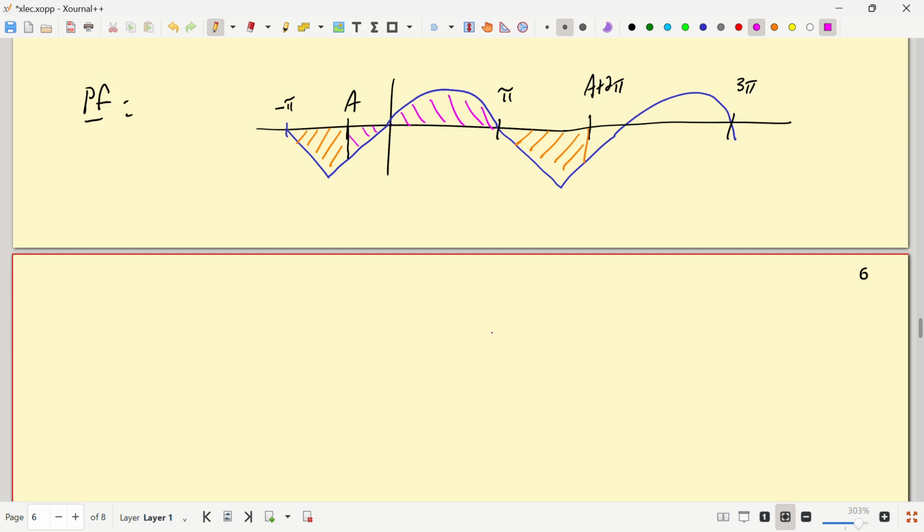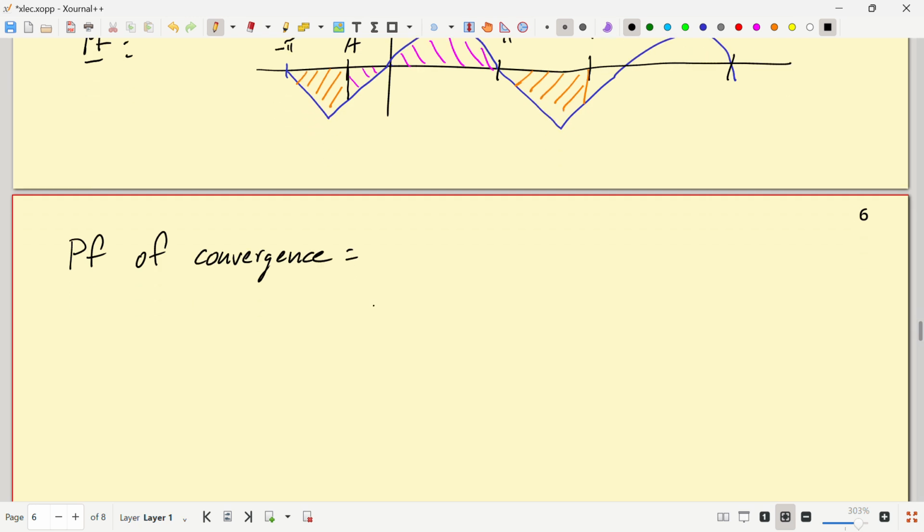Okay, so now I want to show you Fourier series converge. So the proof of convergence. Let's take Sn of x minus f of x.